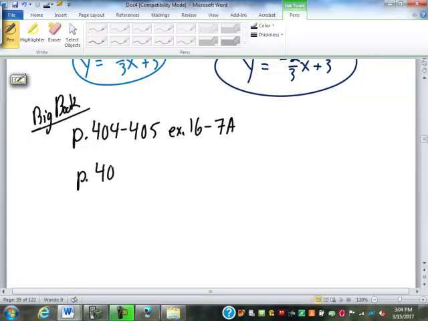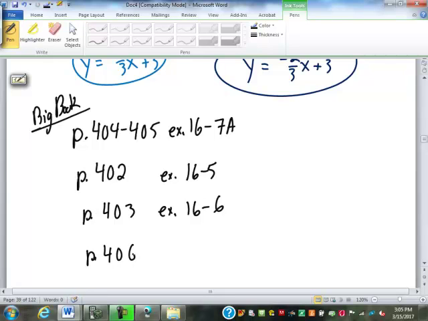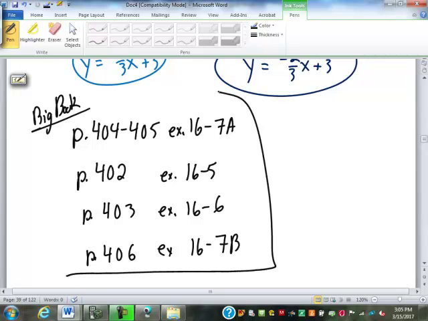Page 402, exercise 16-5. Page 403, exercise 16-6. And page 406, exercise 16-7B. So that's your homework. Like I said, there is a quiz coming up, but then also on Friday is a unit test.